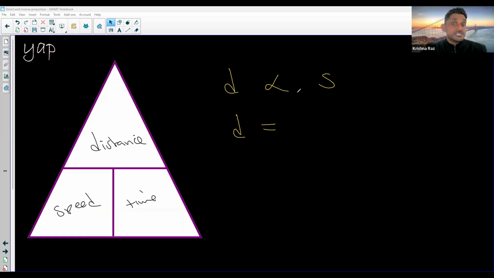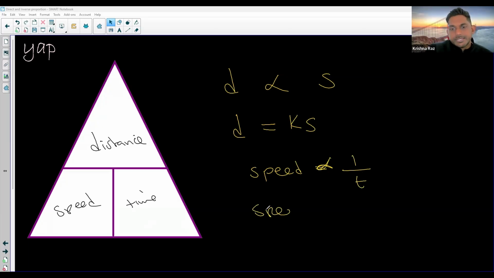So in our instance, time is our constant. We know that speed equals distance over time. So we had speed was proportional to time. So speed is equal to some constant over time. And in this case, our constant was distance. In the other case, our constant was time.